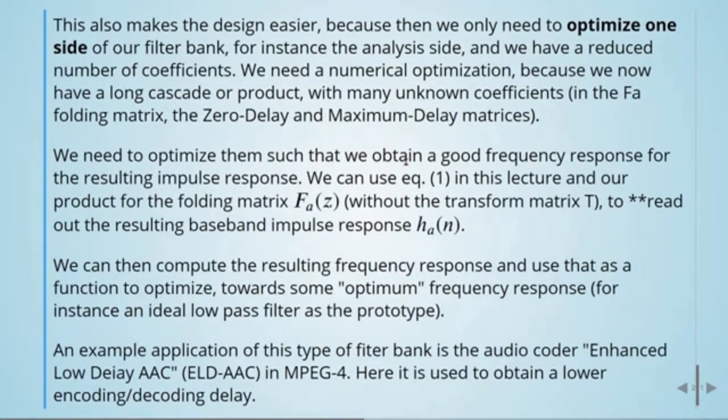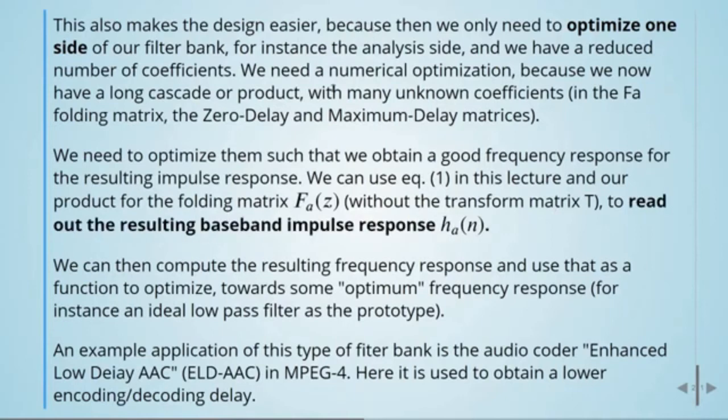We can use equation 1 in this lecture and our product for the folding matrix Fa without the transform matrix T to read out the resulting baseband impulse response ha of n. We can then compute the resulting frequency response and use that as a function to optimize towards some optimum frequency response, for instance an ideal low-pass filter as the prototype.